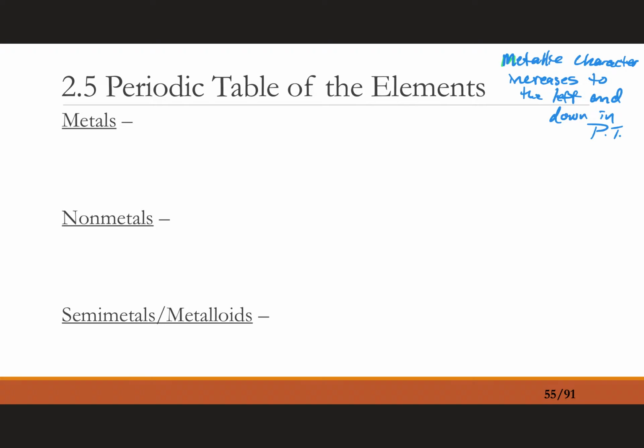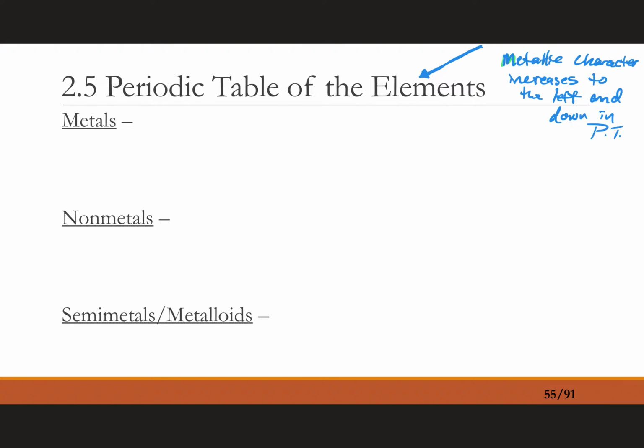So meaning if you go from right to left in a row, the elements become more metallic. If you go from top to bottom in a group, they become more metallic. And we're going to talk about other trends like this in the periodic table. So I'm going to represent that as a downward to the left arrow, and that's where metallic character increases.